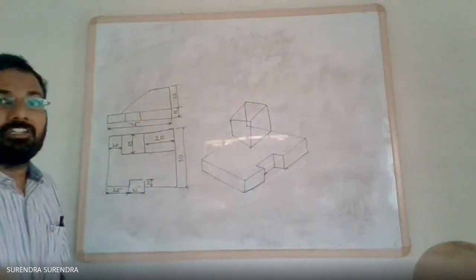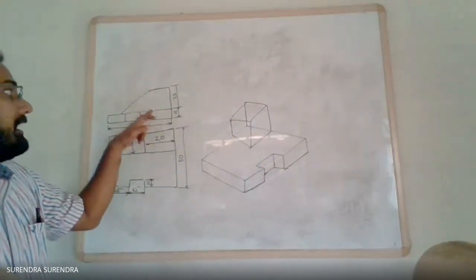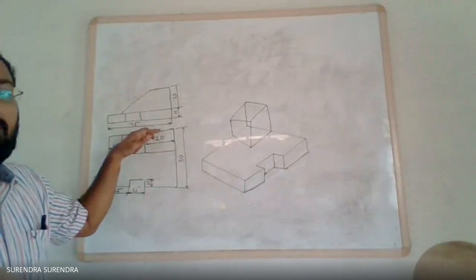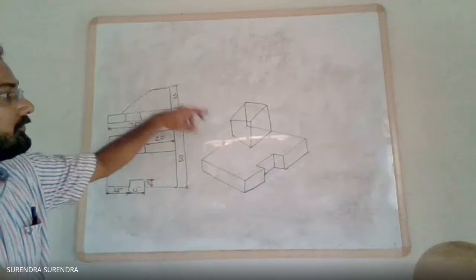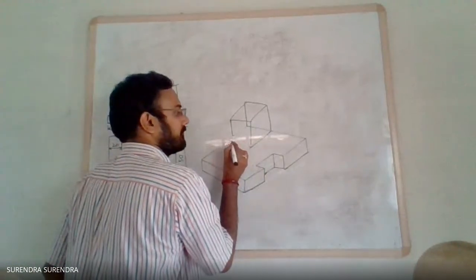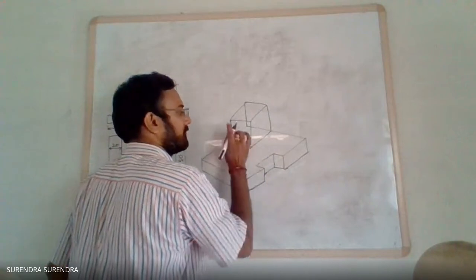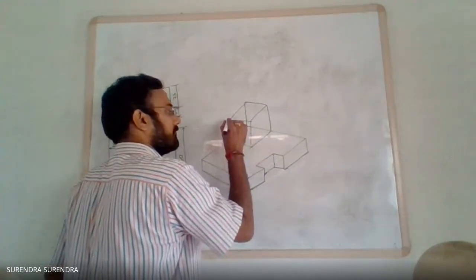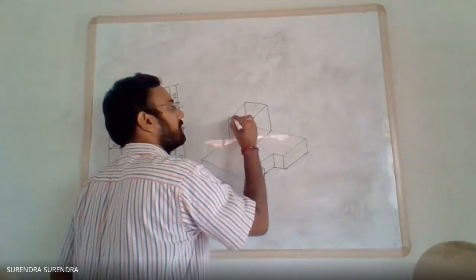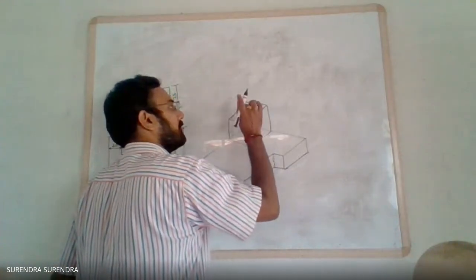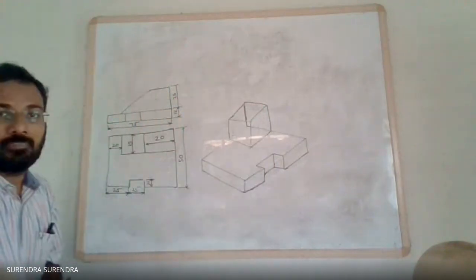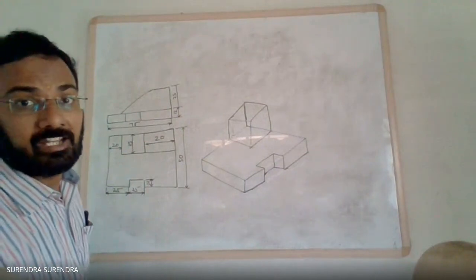So I completed this rectangular block, 20 mm width, 25 mm depth, for a height of 25 mm. In this, I am erasing the hidden edges.